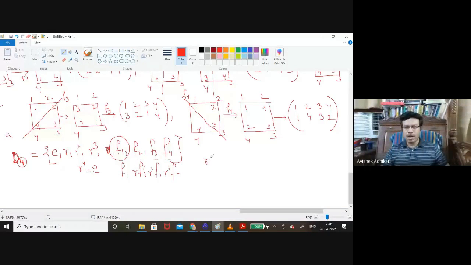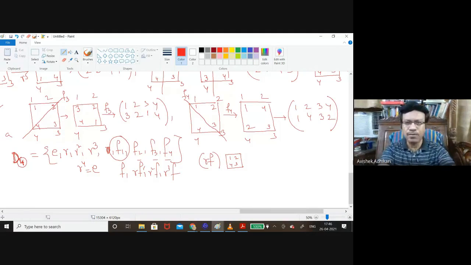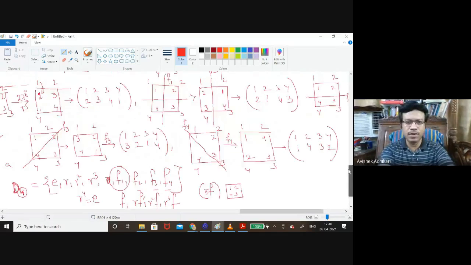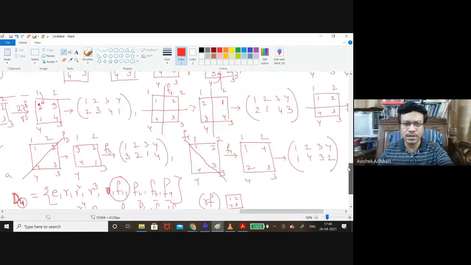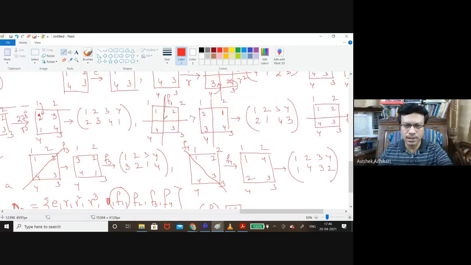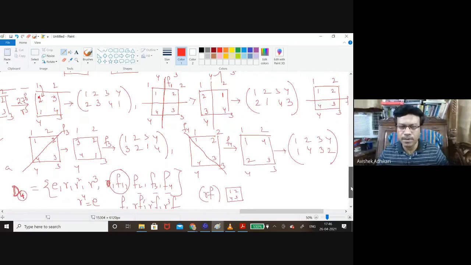So RF with my 1, 2, 3, 4. What was my F? F1 was my F. What is my F1? F1 is about this axis. Let's check what is my F1. F1 is this.